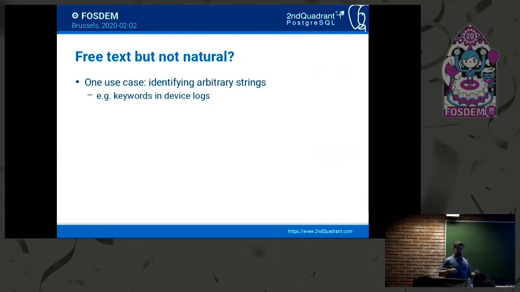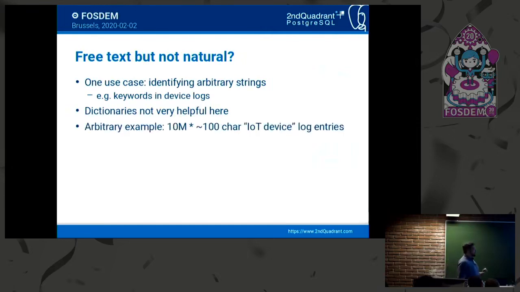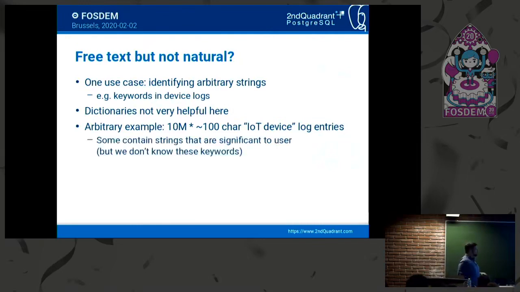You had to search through the entire thing, such as keywords in device logs. Dictionaries are not very helpful here because we're not talking about language. I created an arbitrary example with around 10 million rows of about 100 character IoT device log entries, fake of course. Some contain strings that are significant to the user, but the user doesn't know which strings until the last moment at runtime.